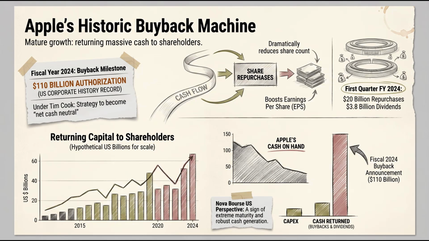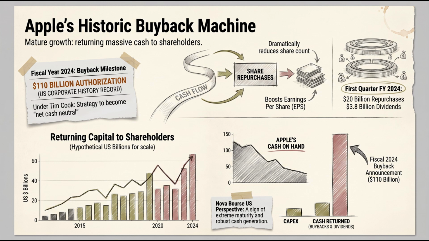Apple's financing activities demonstrate what a mature, cash-rich company looks like. In fiscal year 2024, Apple announced a $110 billion share buyback authorization, the largest in United States corporate history. In fact, the 6 largest buyback announcements ever all belong to Apple.